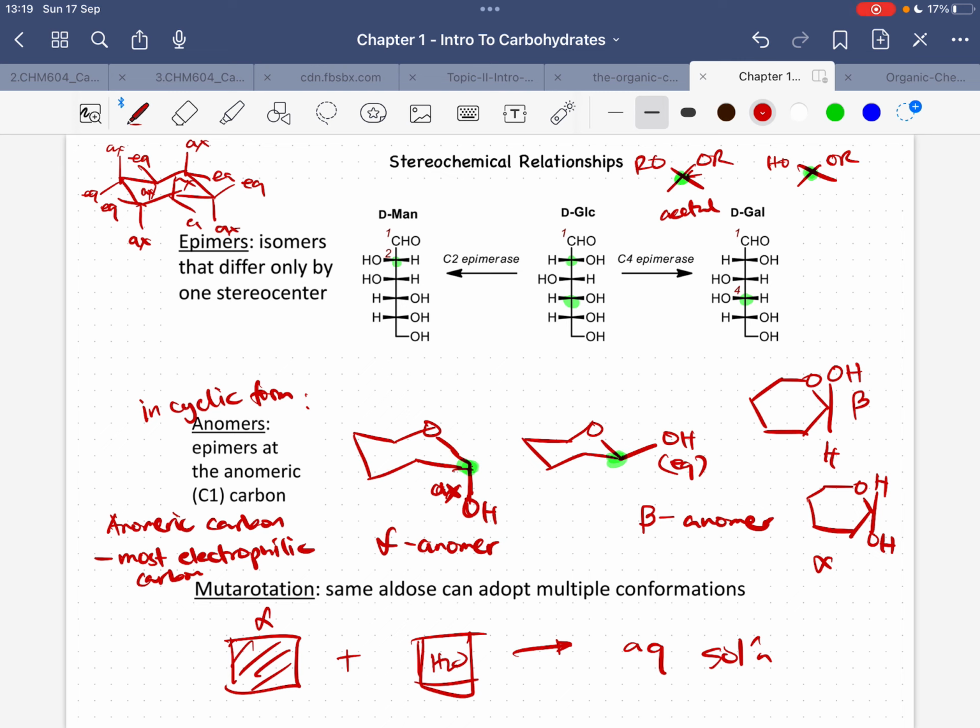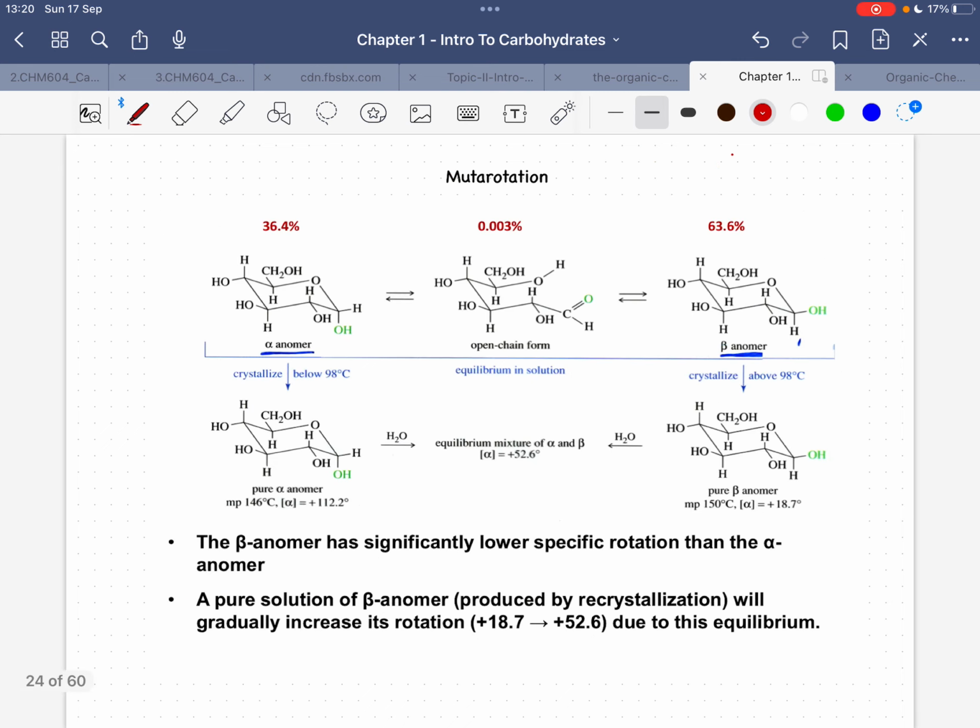But when you dissolve it in water, it could exist as a mixture of alpha and beta. That is mutarotation. So in mutarotation, the cyclic form moves to the acyclic form and then goes back to the cyclic form.